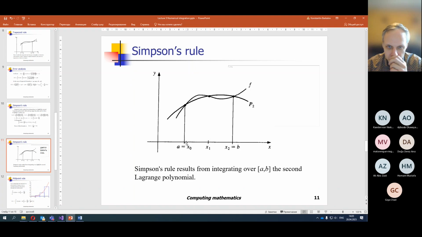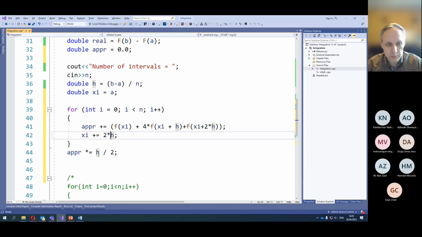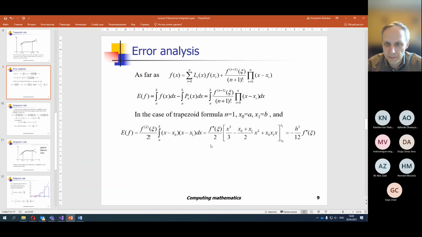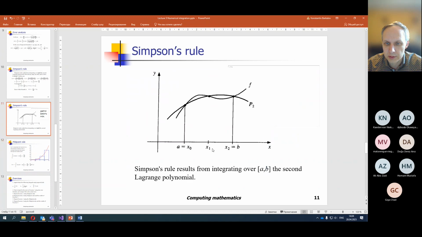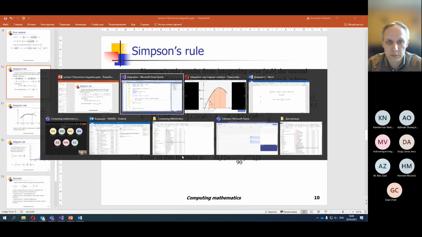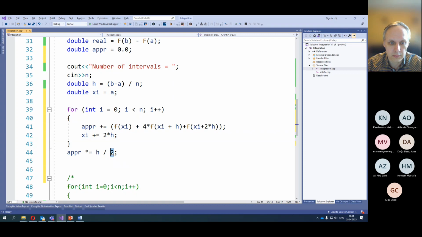The second value will be not x0 plus h, but x0 plus 2h, this and this. And after that, we should multiply it by h over 3.